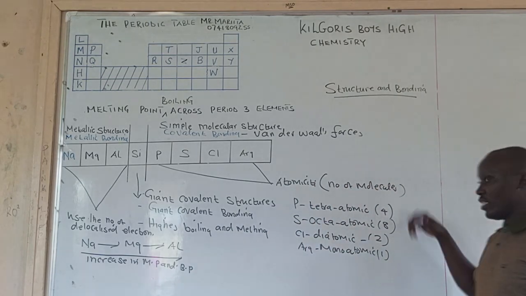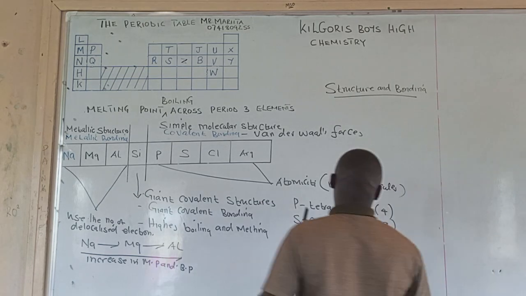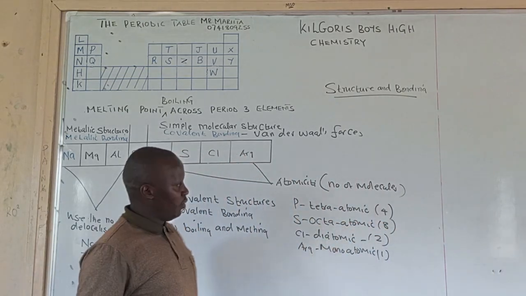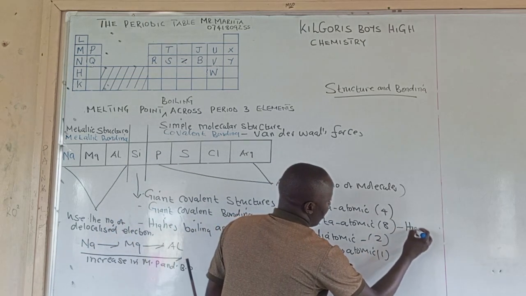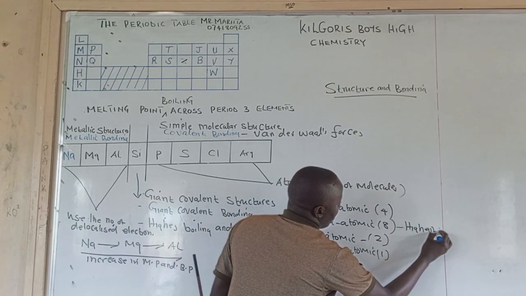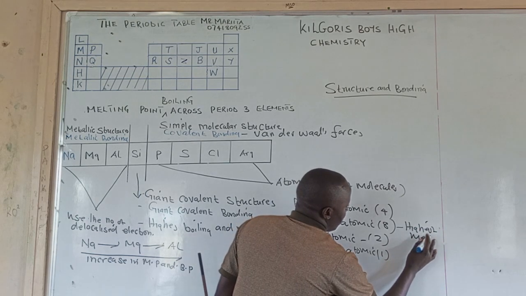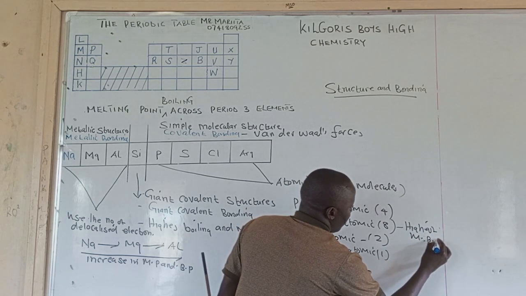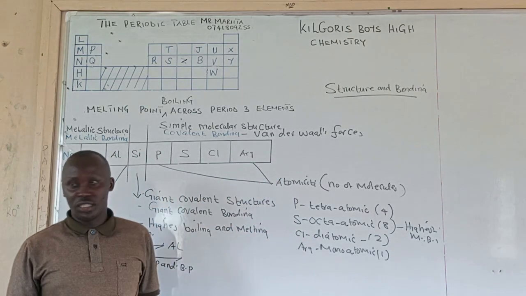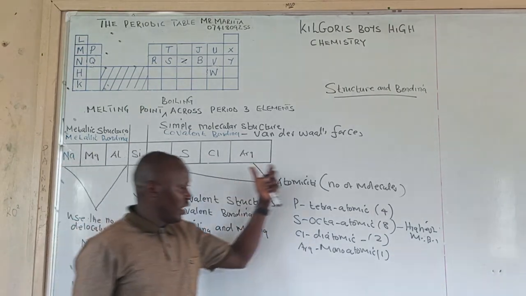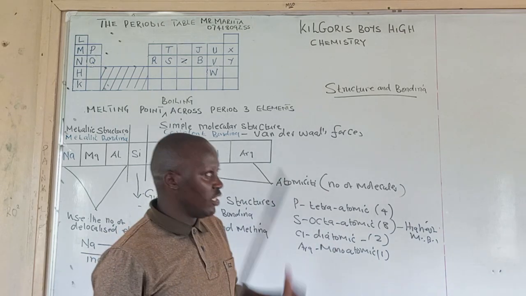A molecule with a large size has the highest melting and boiling points, because the van der Waals forces in this case are very strong.